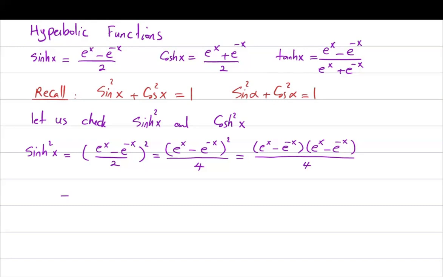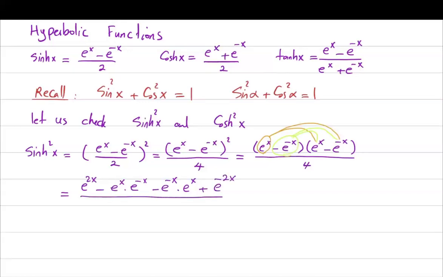This is in turn equal to, if you take e to the x and distribute it into the parentheses, take negative e to the minus x and distribute it into the parentheses, what do we get? We have e to 2x, and then minus e to the x times e to the power minus x, minus e to the power minus x times e to the power x, and then plus e to the power minus 2x, divided by 4.